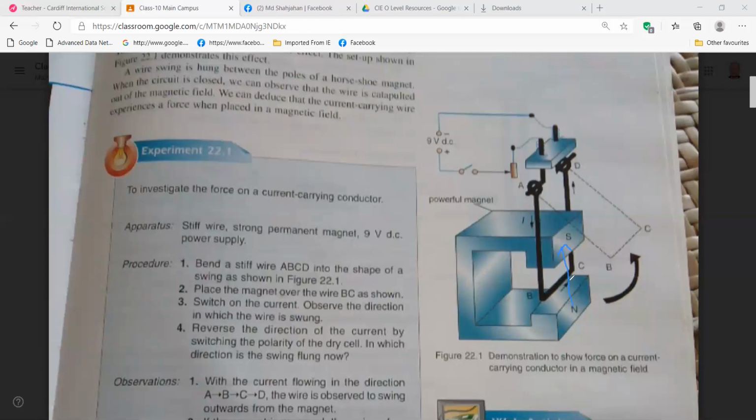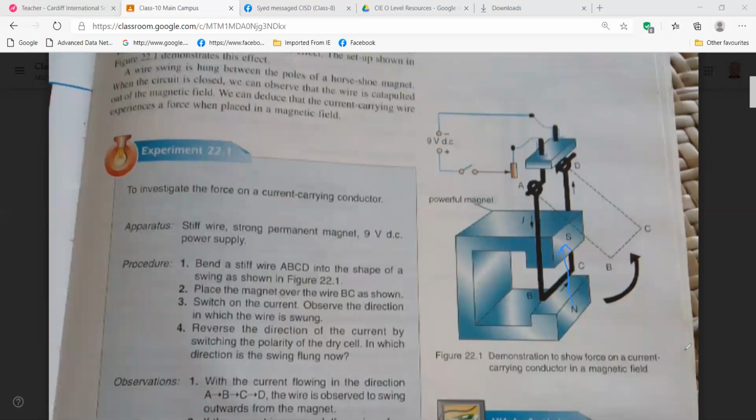Then your force will be right side. You see the wire, the conductor, is given here, and you see the position with dotted lines. After the force is applied, the wire comes here.